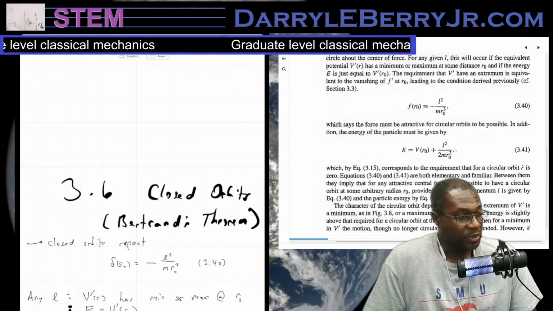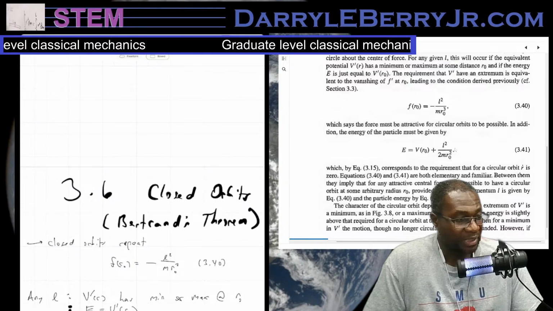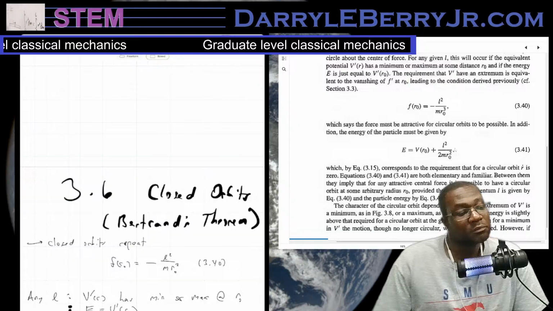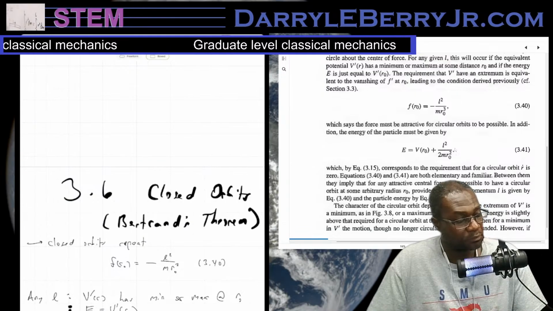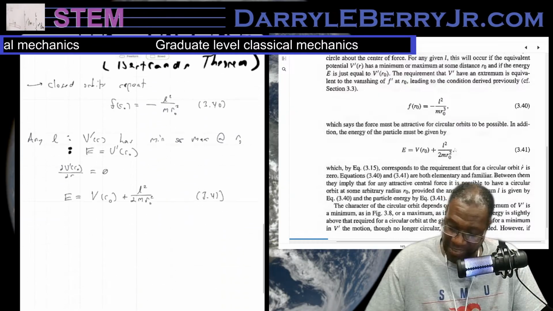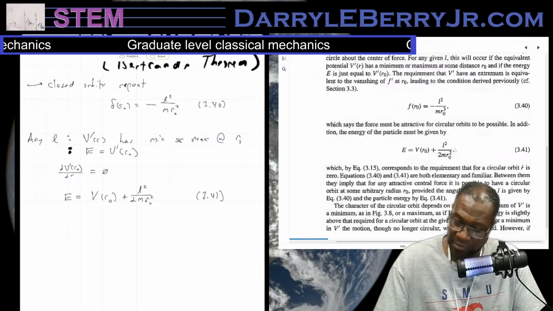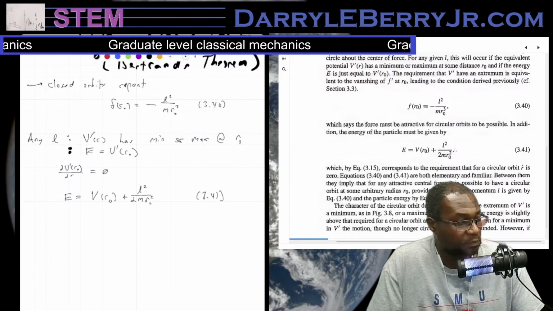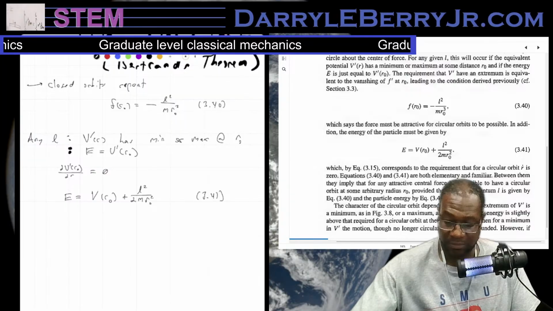Which, by equation 3.15, corresponds to the requirement that for a circular orbit R dot is 0. Okay, so if R naught is 0, doesn't this not make sense? Well, we'll keep going. We'll see. Why don't we fill out equation 3.15?